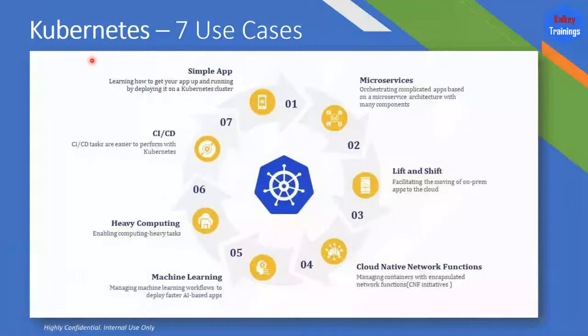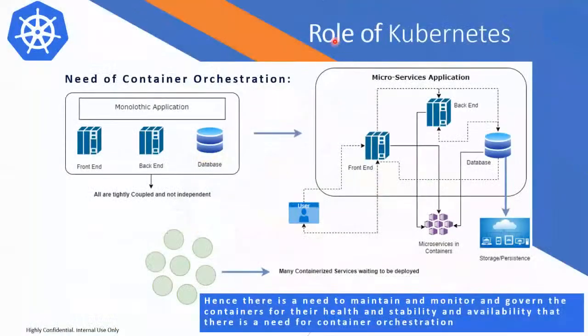So what is the role of Kubernetes? You see, the day we learned about Docker, we had discussed the monolithic app. It is the application where you have the backend and the database.